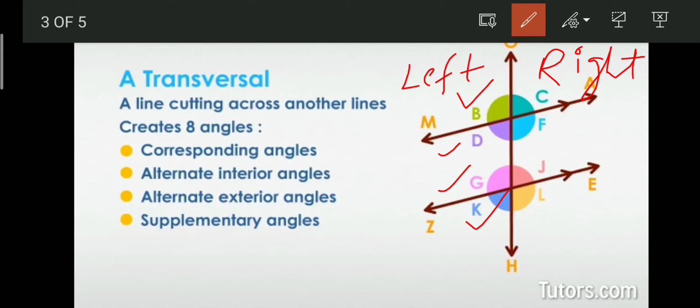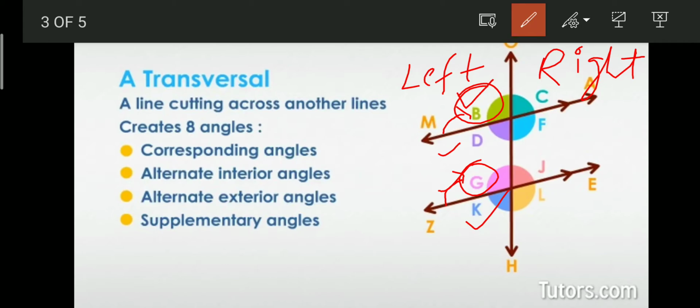If we take a combination of one exterior and one interior angle, say angle B and angle G, angle B is made above this side, and angle G is also above this side, so they are corresponding angles.